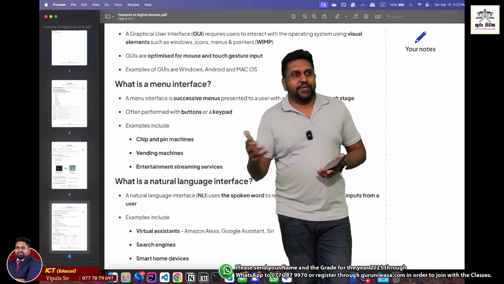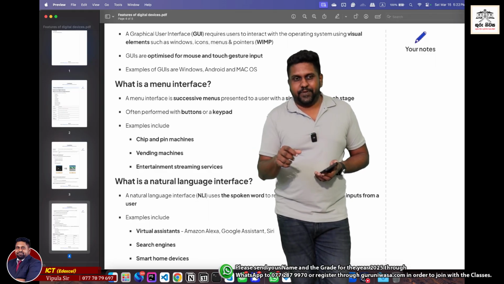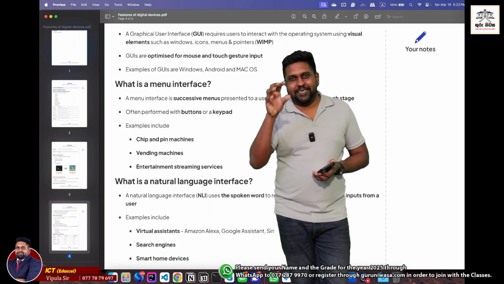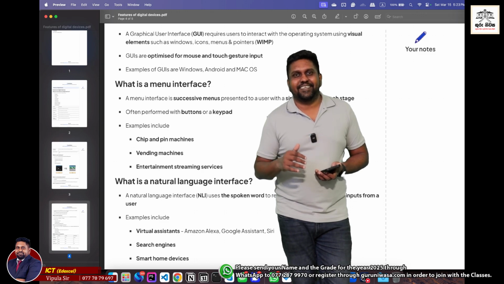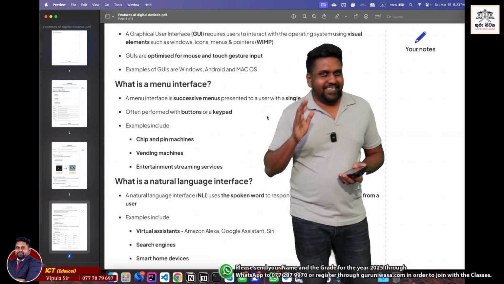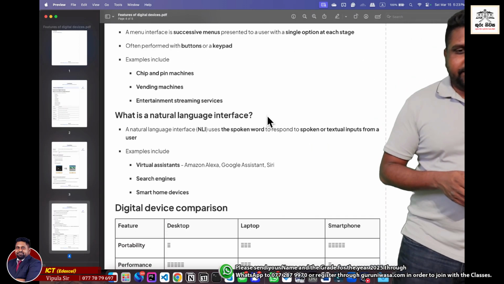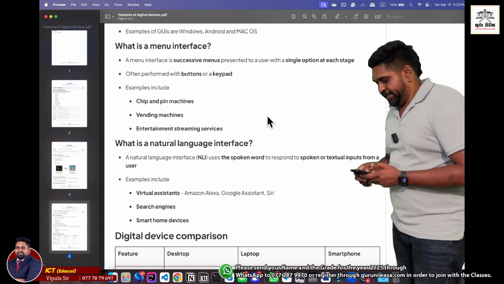Let's say messages. When you go to the menu, it opens up and gives you a certain set of menu actions. So you select the menu action, and just like that you are in. Okay, I hope you got the point. So that is about the menu interfaces.